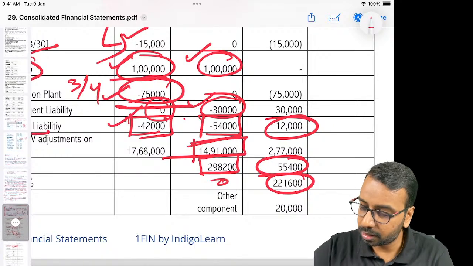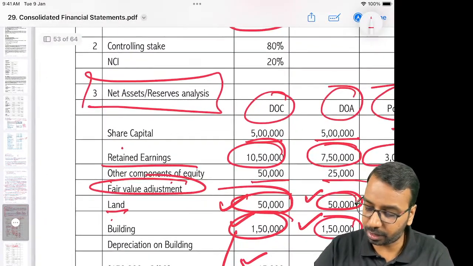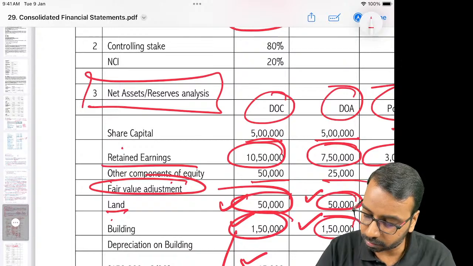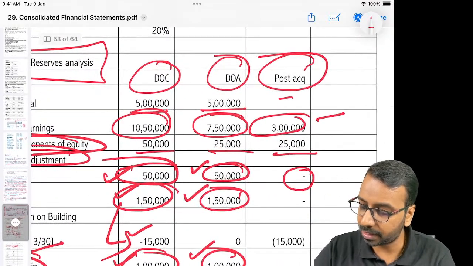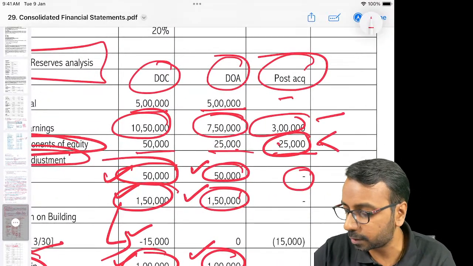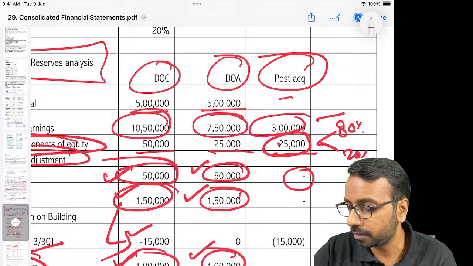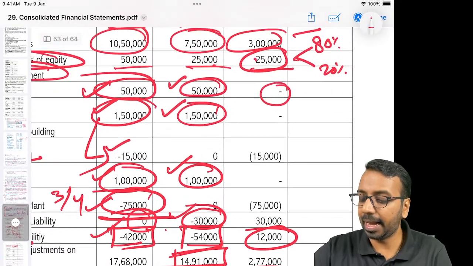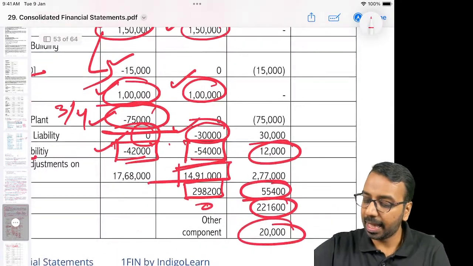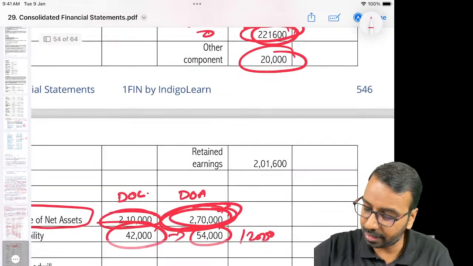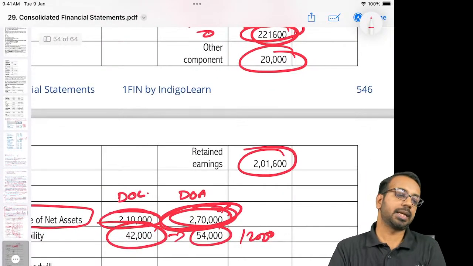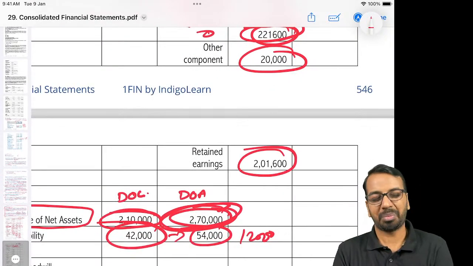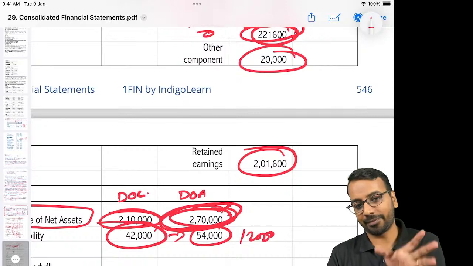Now here, because they have given other components of equity, that is 25 and 25, this 25 you can split directly, 80% and 20%. So 80% is 20,000 and 20% goes to NCI, and the balance out of 2,21,600, 2,01,600 is retained earnings. Even if you don't do this split, at the most you will lose half a mark, but your final answer will be correct.